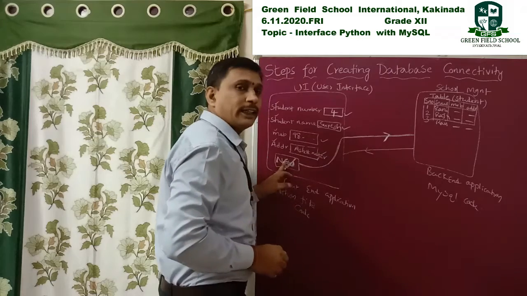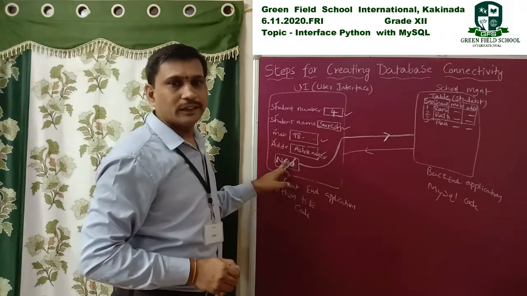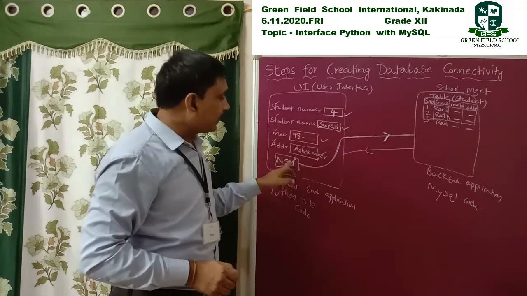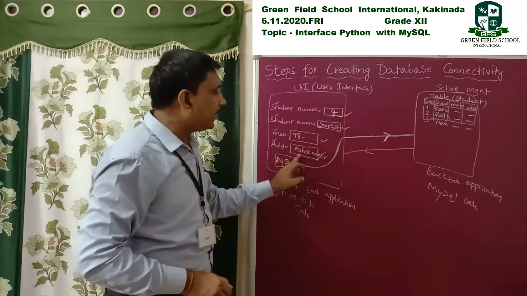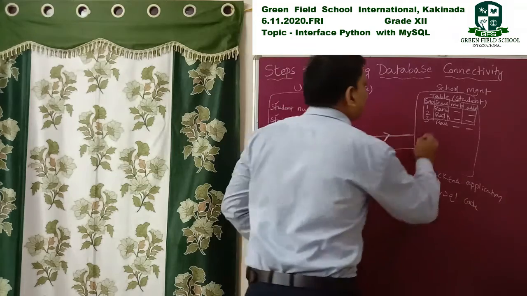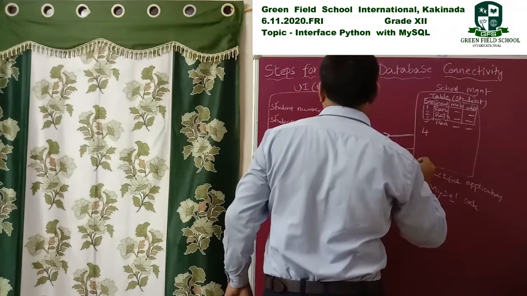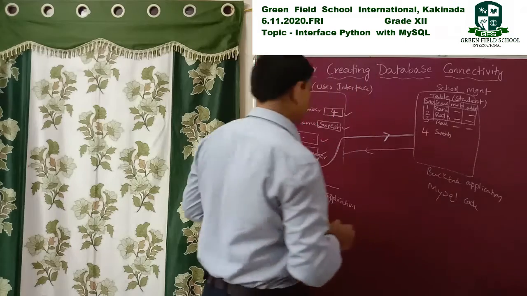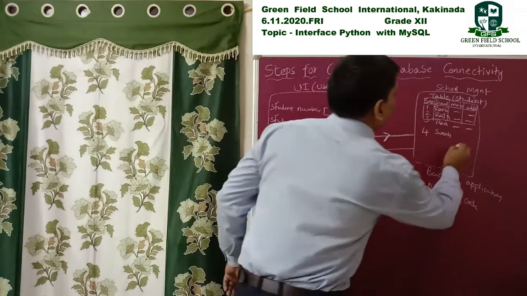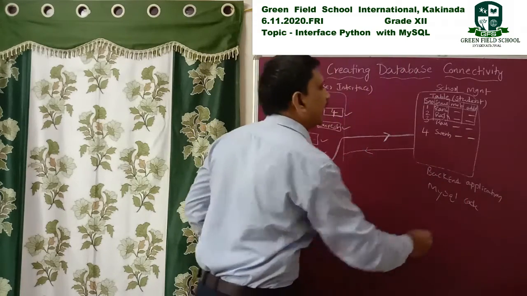When I am clicking, I write some code here, some procedure. When I am clicking this new button, immediately all this data enters this database table. So after clicking this new button, Suresh, mobile number, everything is added here.